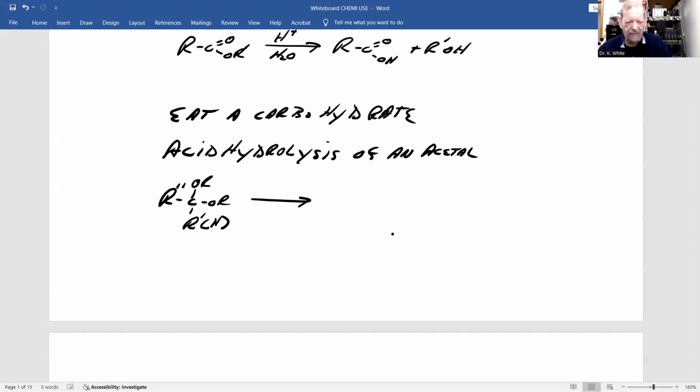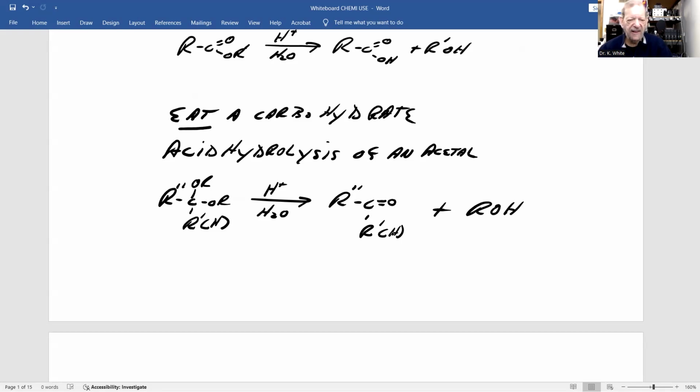And you have acid and water, and you get back the ketone or aldehyde you would have used to make that acetal or ketal, plus the alcohol you would have used to make that acetal or ketal.